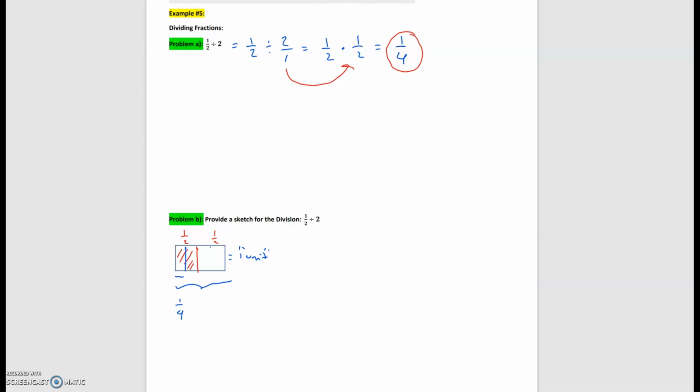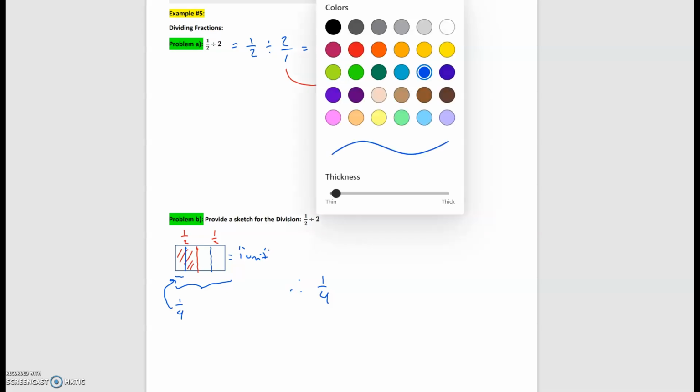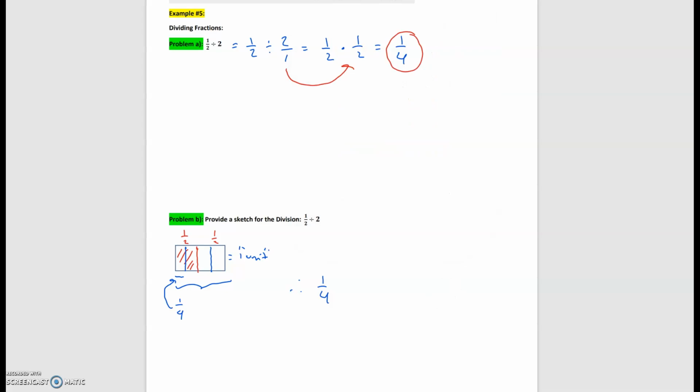That means if you're breaking the unit into 4 parts, each of those is going to be 1/4, so that represents 1/4. Our final answer is just going to be 1/4. We're given a half, and they want us to divide it into 2 equal parts, which gives us what we obtained above as 1/4.